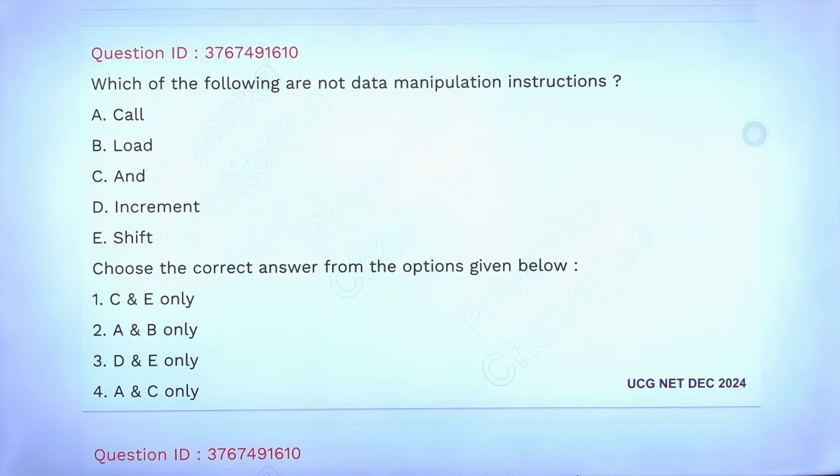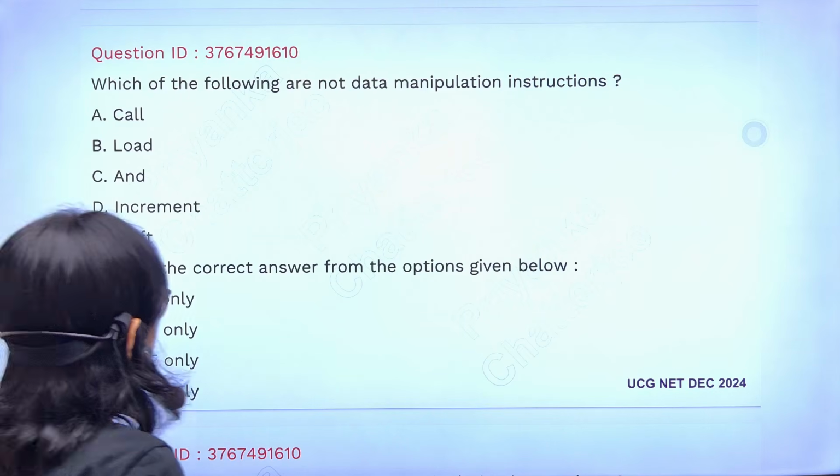Fifteen seconds is enough to do the answer.